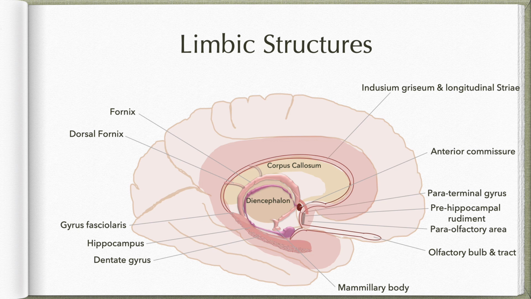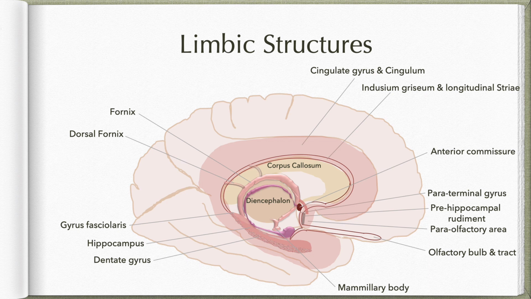Now this paraolfactory area will continue above the corpus callosum, again in the shape of a letter C, with cingulate gyrus, and deep to the cingulate gyrus within its white matter substance we have the long association fiber bundle known as cingulum.